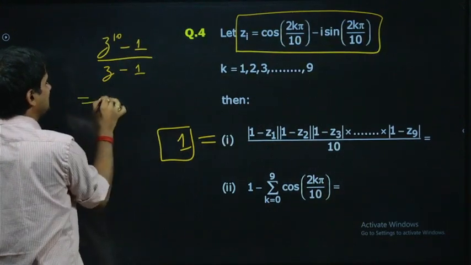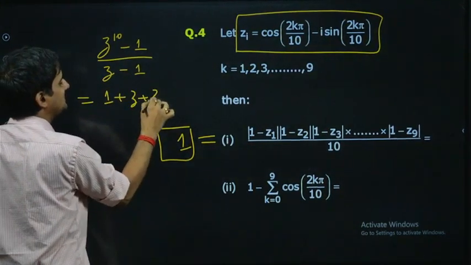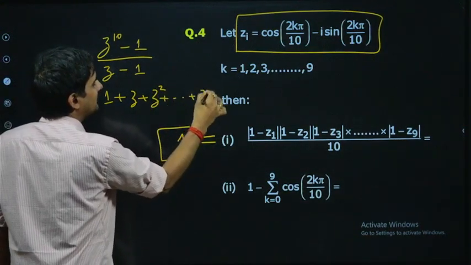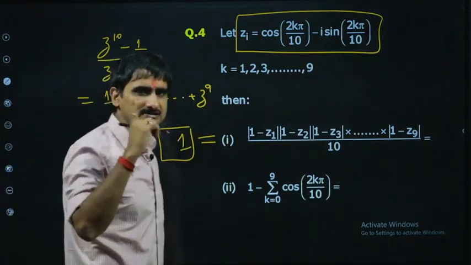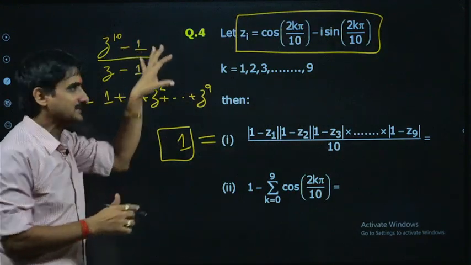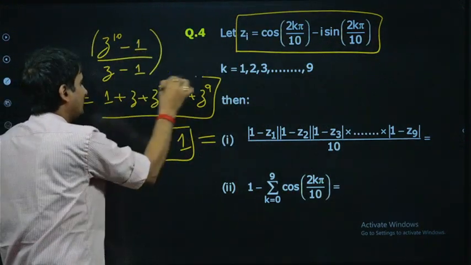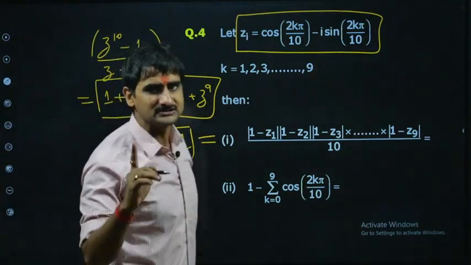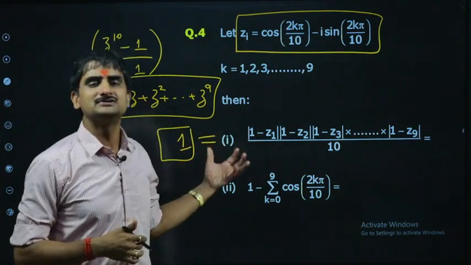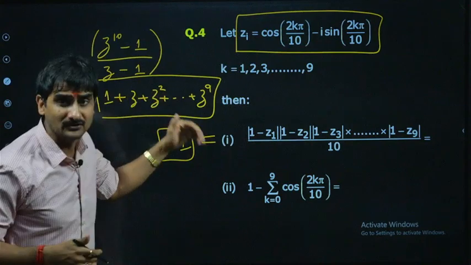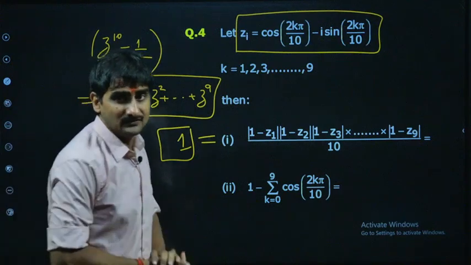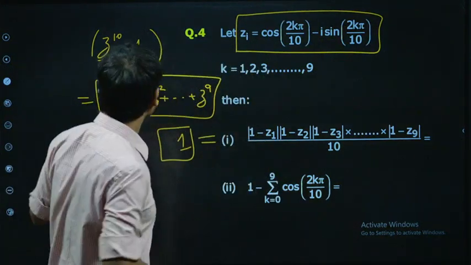This can be seen as the sum of a GP whose first term is 1 and common ratio is z, with 10 terms. And now when you substitute z by 1, you get 1 plus 1 plus 1, how many times? 10 times. So again you will get 10. So these are two ways in which you can approach it. That was about the first part.